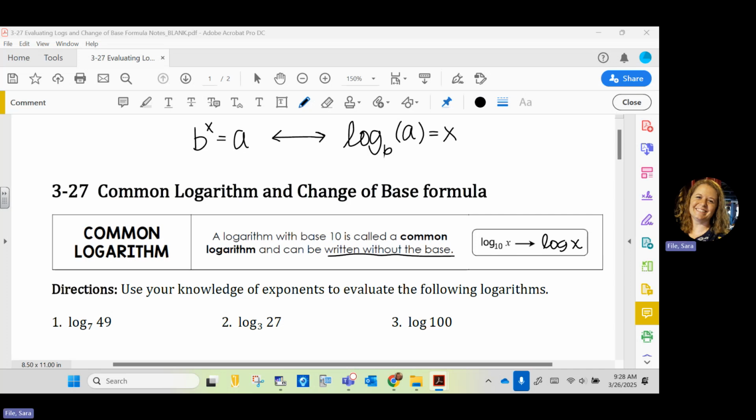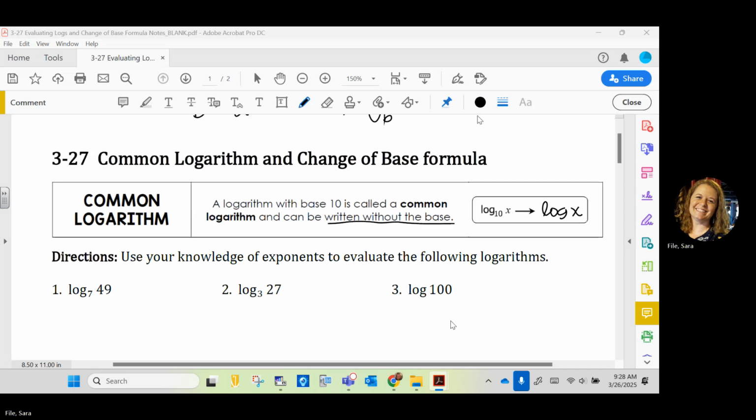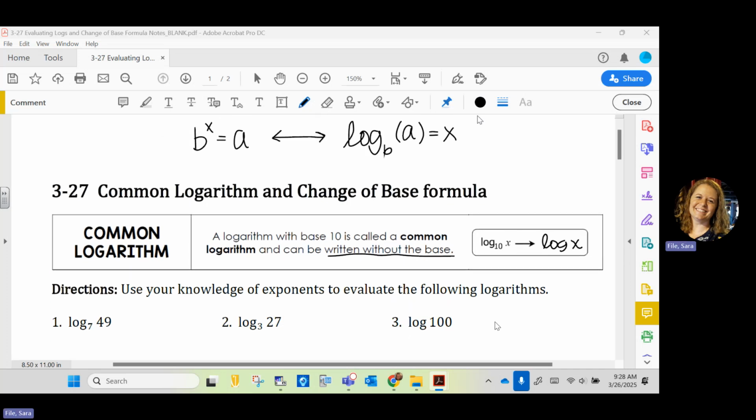All right, so we are going to use what we talked about yesterday to evaluate these logarithms. If it helps you, write this as equal to x, and then rewrite it as an exponential.